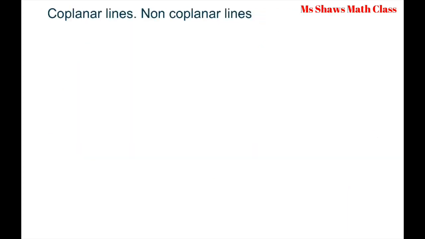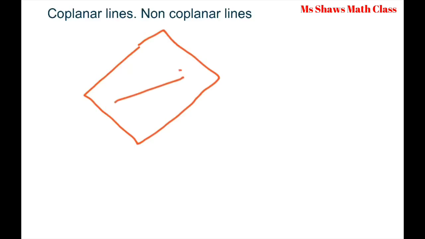All right. Coplanar lines and non-coplanar lines. So let's do a plane here. If I have a line here, we'll call it L, and a point here, this is exactly one plane.